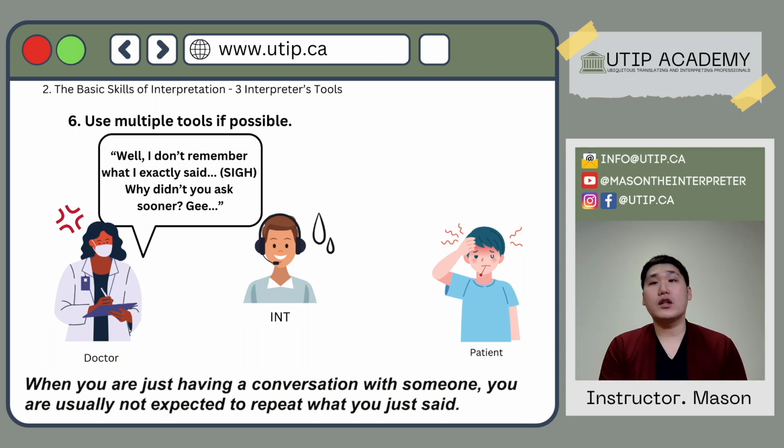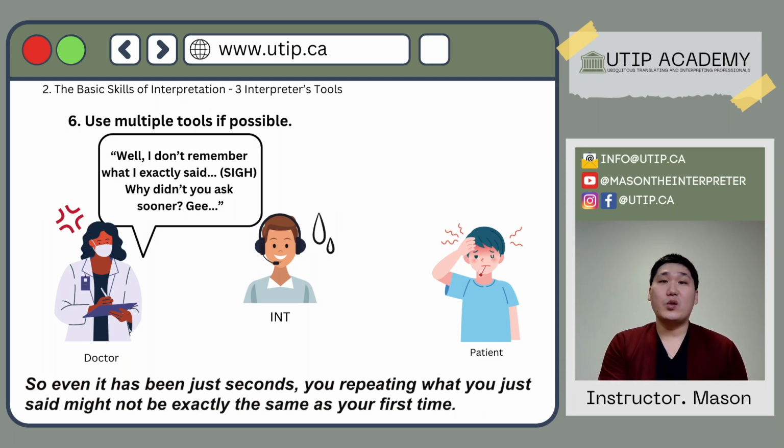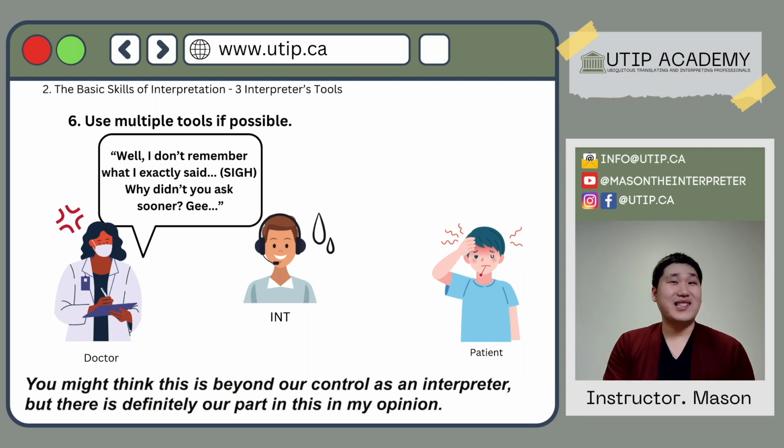In fact, the client might not be able to give us exactly the same information if we do that. When you're just having a conversation with someone, you're usually not expected to repeat what you just said. So even if it has been just seconds, your repeating what you just said might not be exactly the same as your first time. You might think this is beyond our control as an interpreter, but there is definitely our part in this, in my opinion.